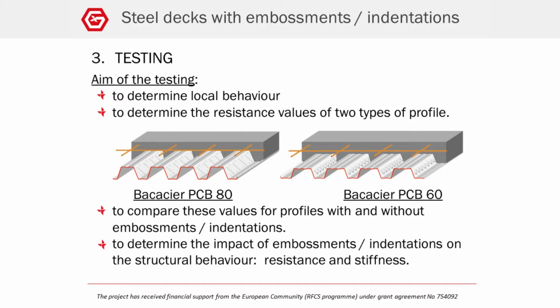The third aim was to compare the values obtained for profiles without embossments and indentations with values for those with embossments and indentations. The fourth aim was to assess the impact of embossments and indentations, and the final aim was to define a calculation method for profiles with embossments and indentations.